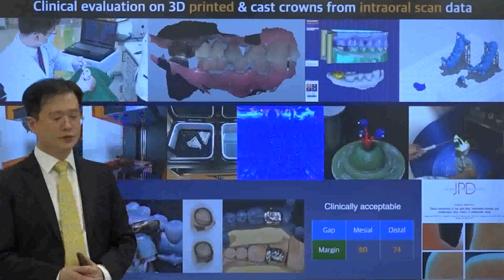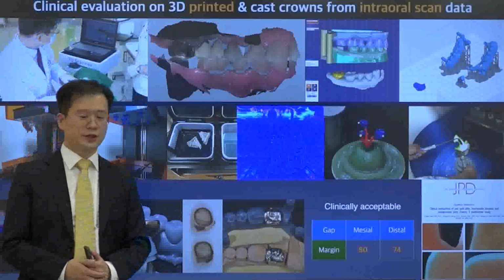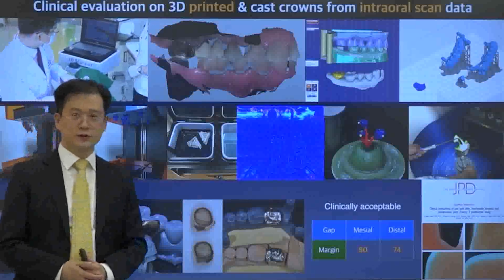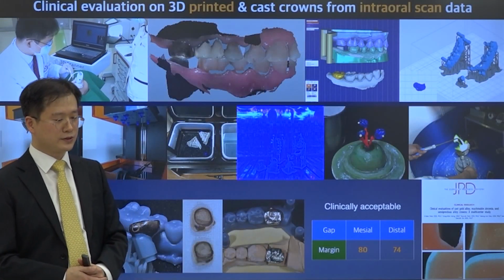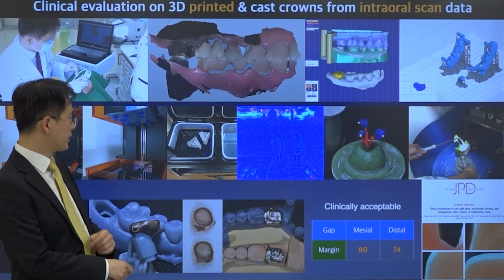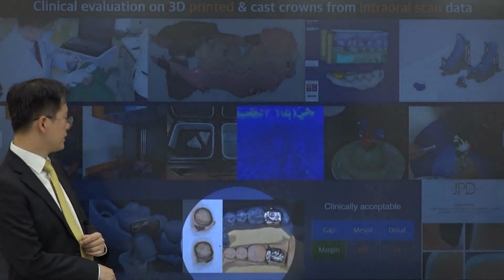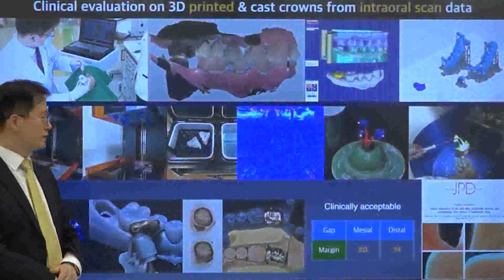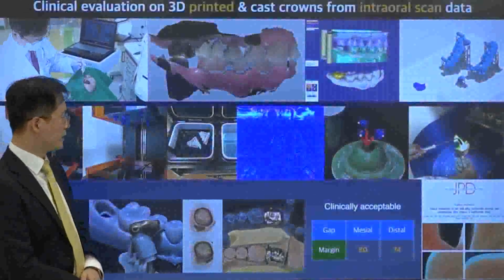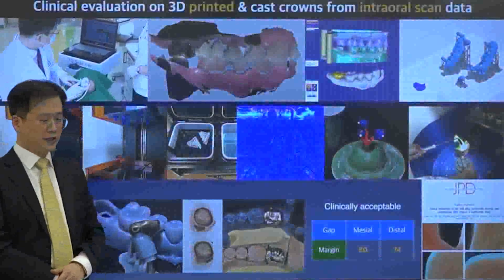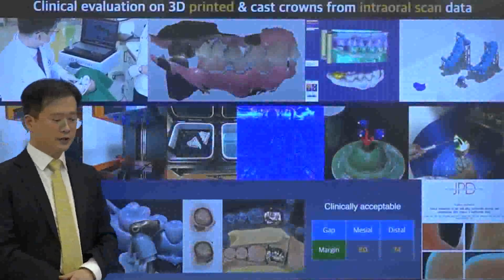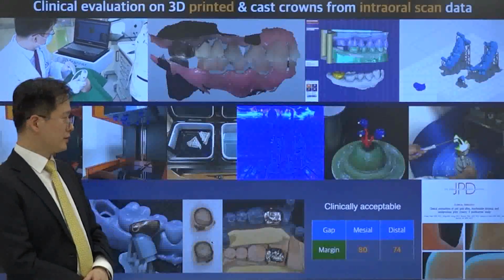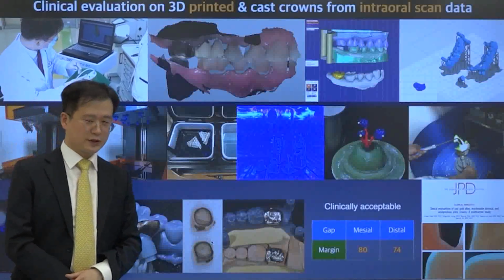My clinical study on accuracy has shown that the marginal fit is sufficient for clinical applications. As you can see with the naked eye, the fit of the restoration and the printed model is excellent, and it is sufficient for clinical application.